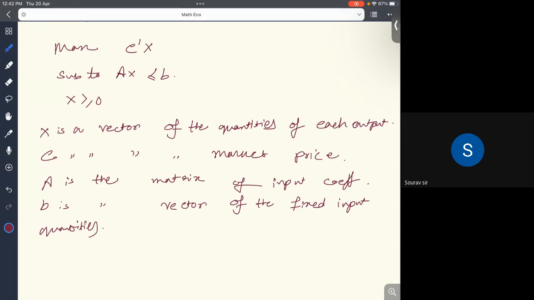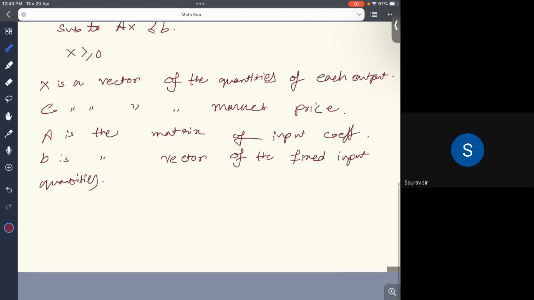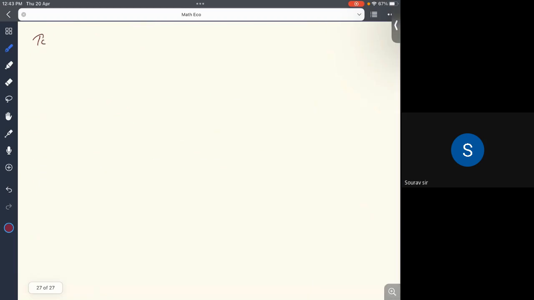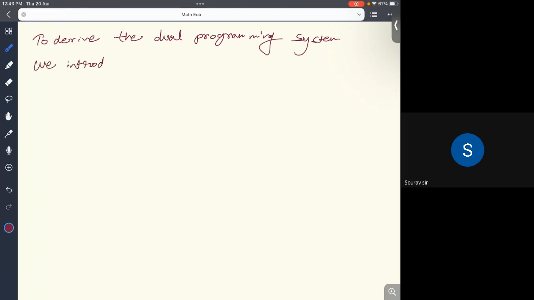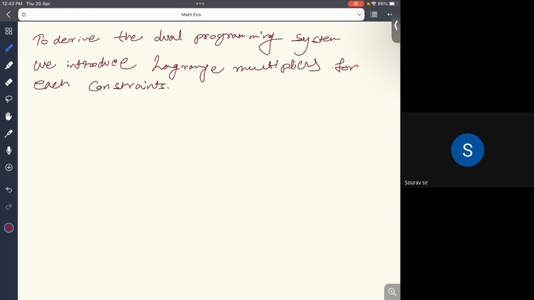So to derive the dual programming system, we introduce the Lagrange multipliers for each constraint.